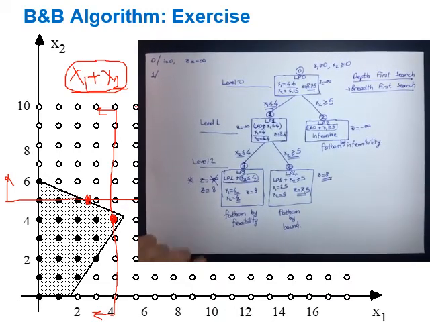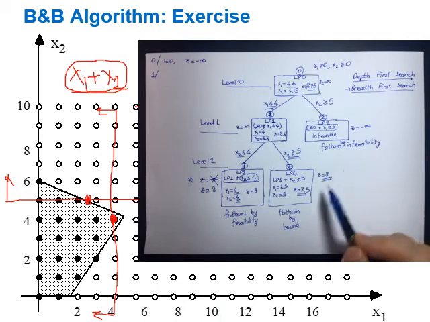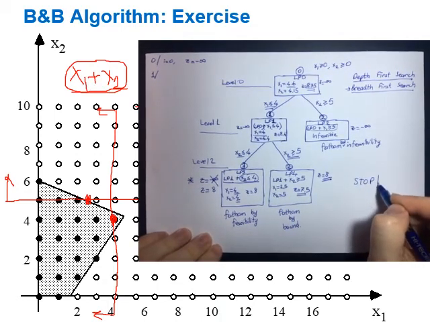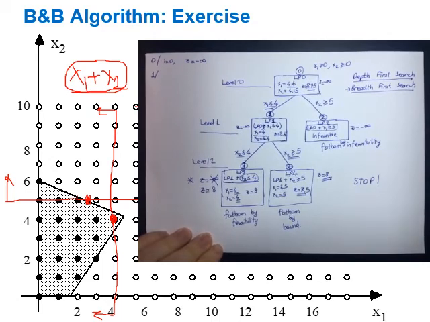Okay? Now the question is, according to the steps of the algorithm, what should we do? There are no other open nodes, so the algorithm stops at this point. And if the algorithm stops, then you need to be able to tell me the solution. What is the solution?